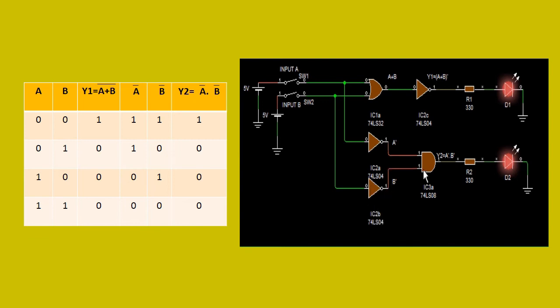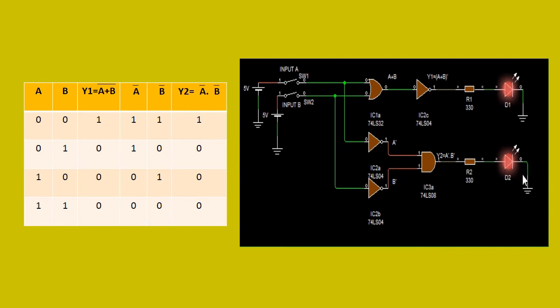So 1 dot 1, here we apply 1 and here we apply 1. From this output we get 1, so the LED will glow. So the first row of the truth table is verified. When A is 0, B is 0, Y1 is 1, A bar is 1, B bar is 1, Y2 is 1.